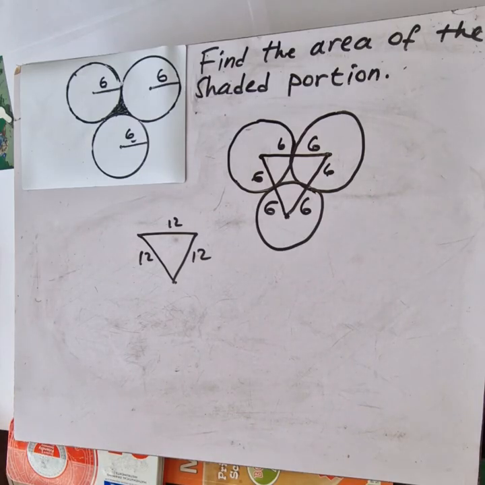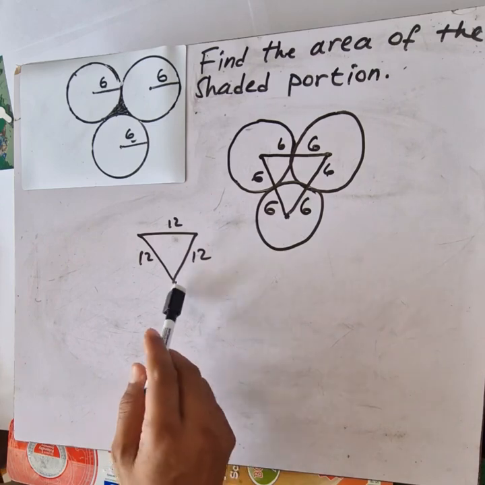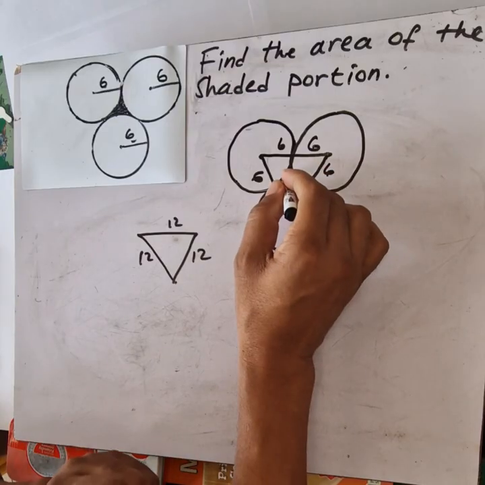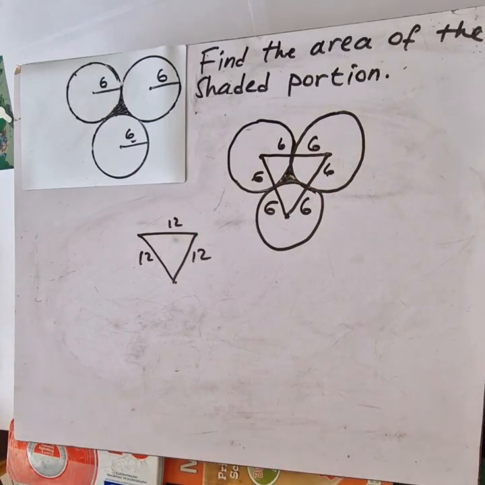So if I take out the area of the three sectors from the area of the triangle, I will end up with the area of the shaded part in between the three circles.